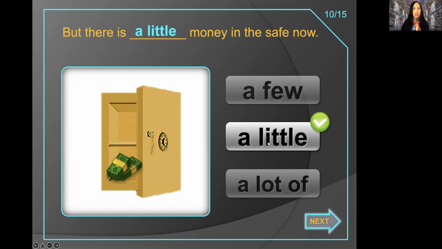That's right, a little money in the safe now, because money is a non-countable noun. If you can't count it, then we use a little. You can count money, but money, the noun itself, is a non-countable noun because we don't know how much the money is, right? Trying to trick you.